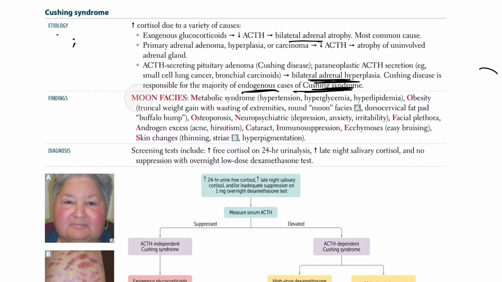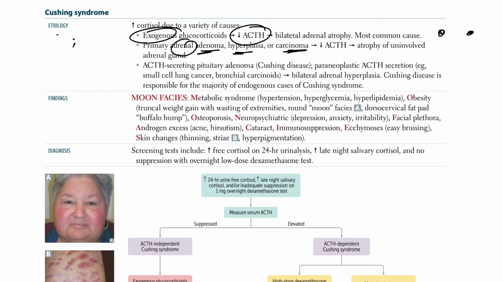Okay. With this, just remember, again, important thing, when you're taking something from outside, exogenous taking, you're decreasing ACTH, you're causing bilateral atrophy of the adrenal glands. When you have adrenal adenoma, hyperplasia, carcinoma, whichever side has this carcinoma, adenoma, hyperplasia will be enlarged. Other side is going to be small. Okay.